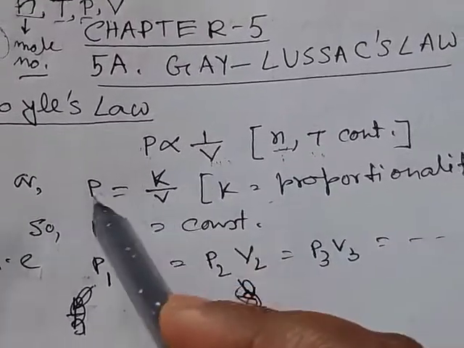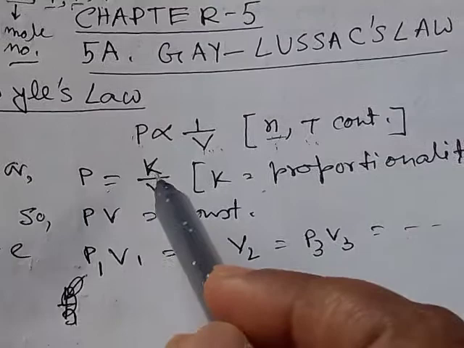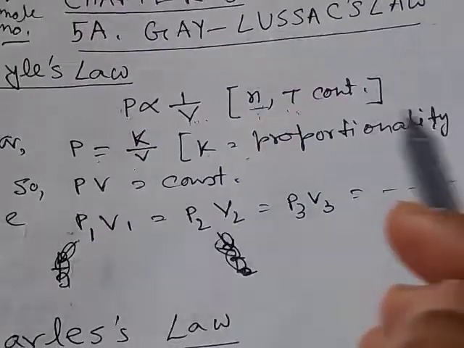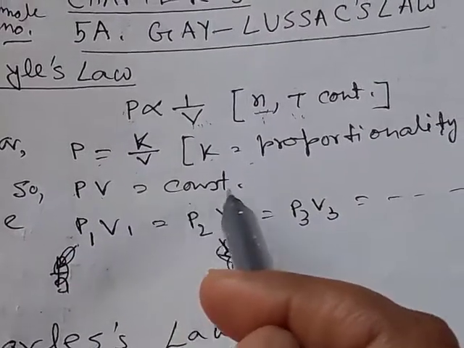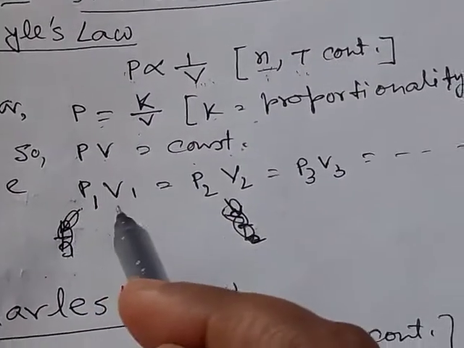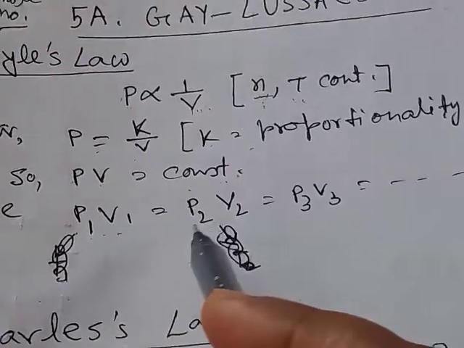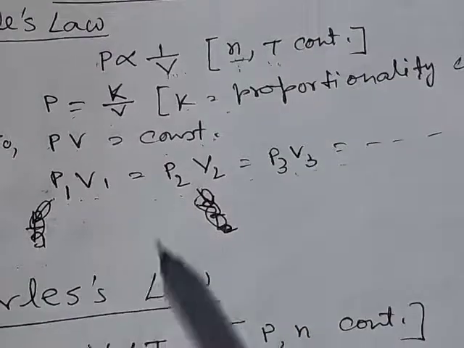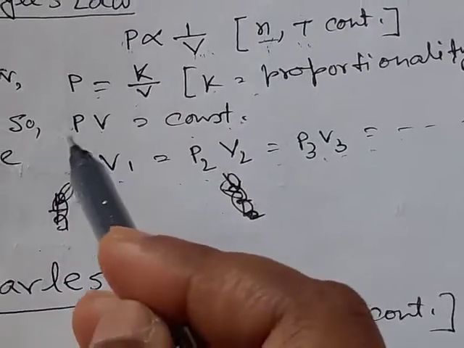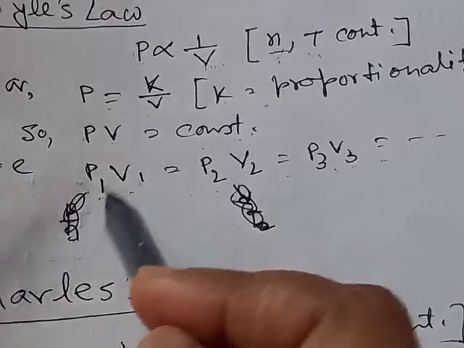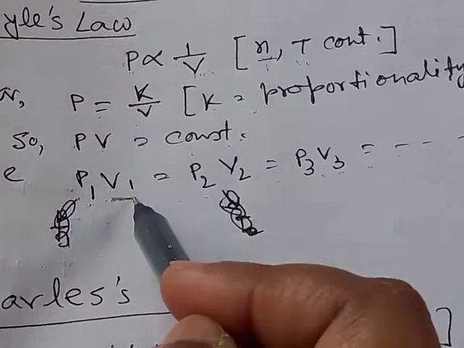Then from this equation we can write P is equal to K by V, where K is the proportionality constant. That means PV is equal to K, that is PV is equal to constant. So we can write P1 V1 is equal to P2 V2 is equal to P3 V3 and so on. If the pressure of a certain quantity of gas is P1, then its volume will be V1.